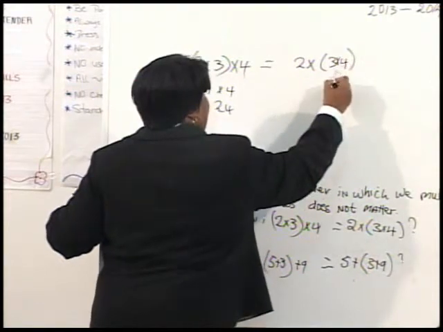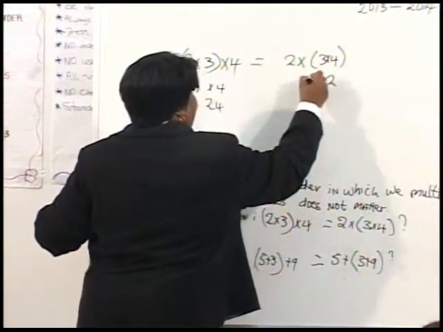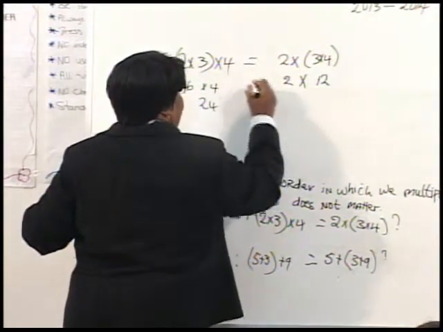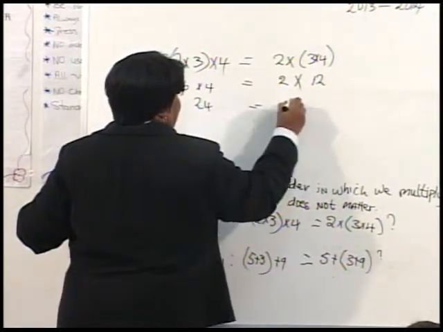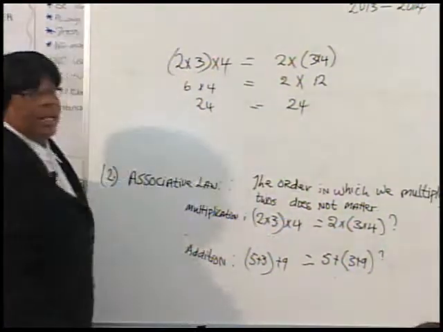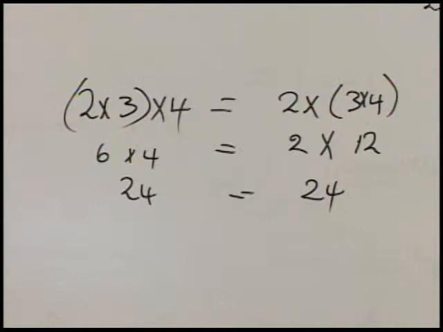And what did we get here? 12. So we have 2 times 12 is 24, and it's equal to 24. So the associative law works very well, right? The order in which we group in groups of twos does not matter.